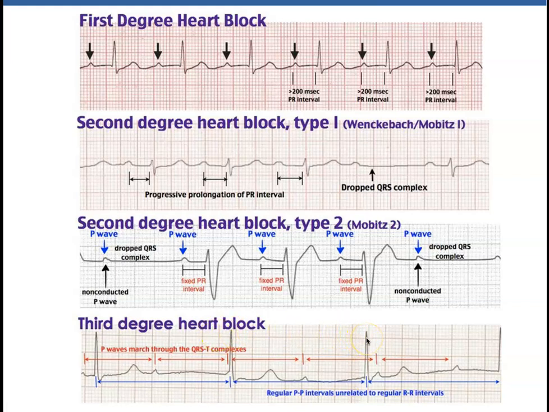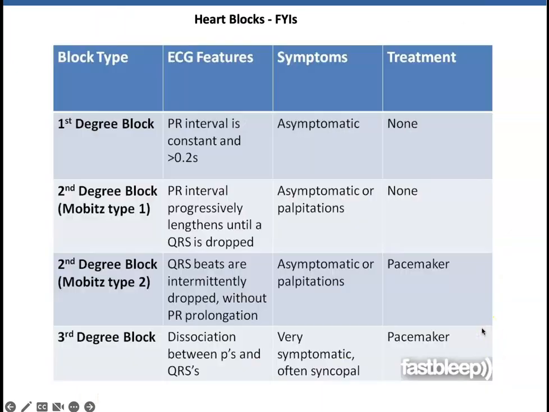So it's really weird how this ends up happening, but we have a real problem because the P waves are completely unrelated to the QRS that's happening, and now you have atria doing their own thing, ventricles doing their own thing, and you can see that this person, when you have a third-degree heart block, becomes very bradycardic. Same over here with the second-degree heart block, they will become bradycardic. And so this is why these types of heart blocks can be so dangerous.